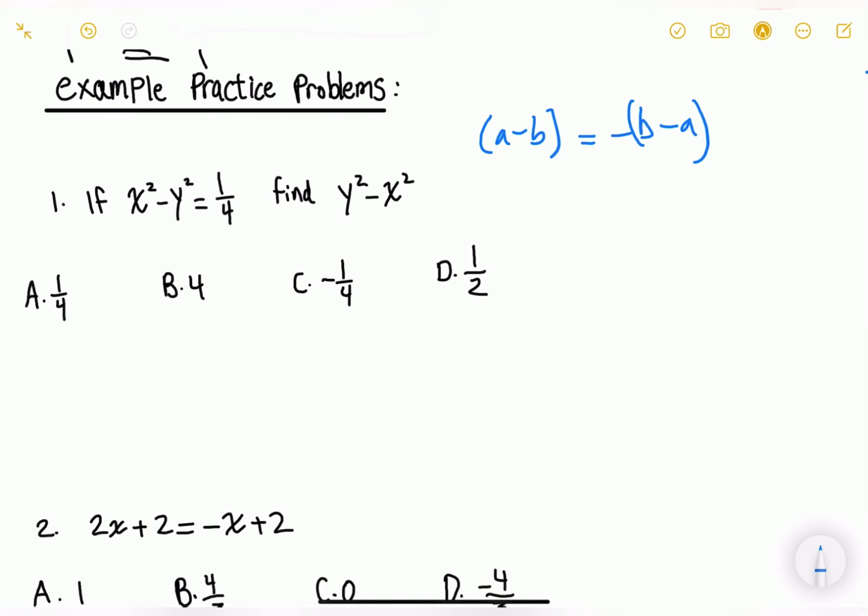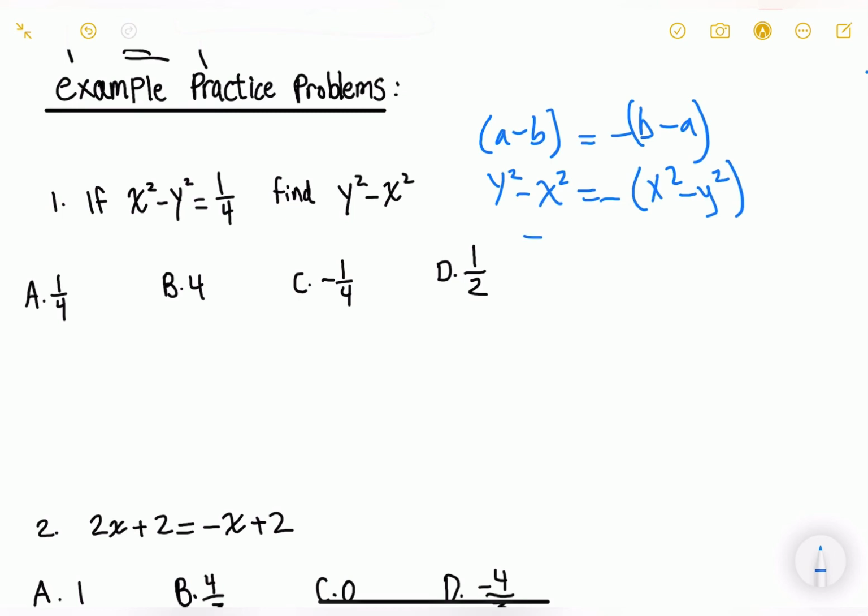So they said y squared minus x squared, that means it equals negative x squared minus y squared. That means they equal each other.